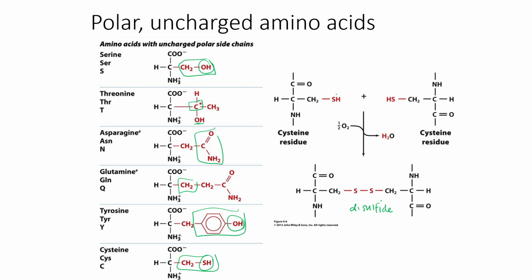Essentially what happens is the two hydrogens from the sulfhydryl groups are removed, and through an oxidation reaction, the sulfurs are joined together to make this disulfide bond. This is a covalent bond. It's very strong, and it can help to give the protein a lot of stability in the structure at this location, because this disulfide bond will really hold those two amino acids to each other very closely in space.